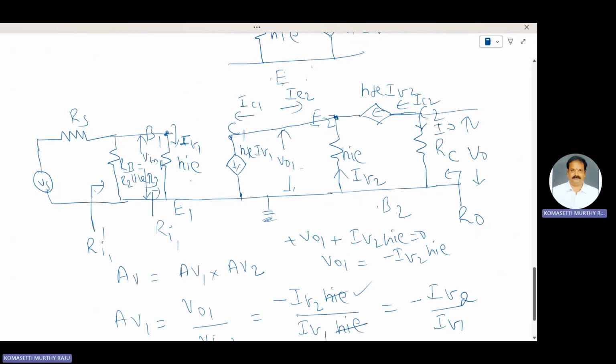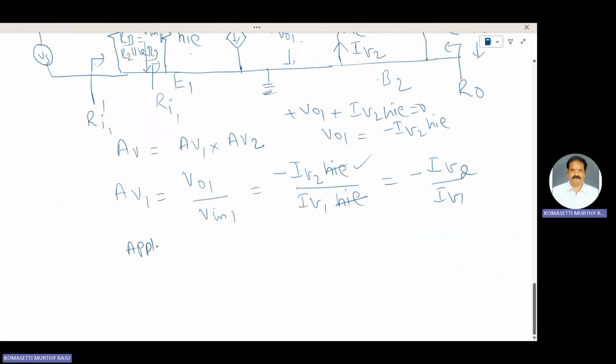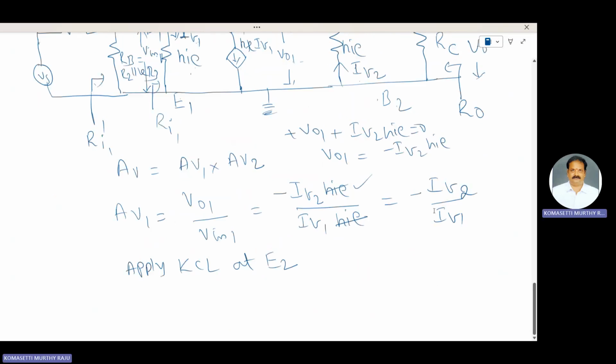IE2 is the current entering node E2. IB2 also enters, and HFE IB2 also enters node E2. Apply KCL at E2.